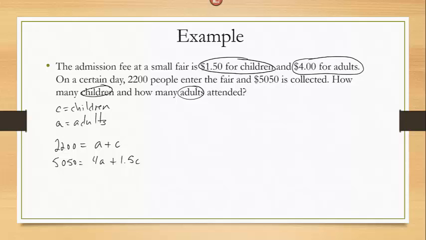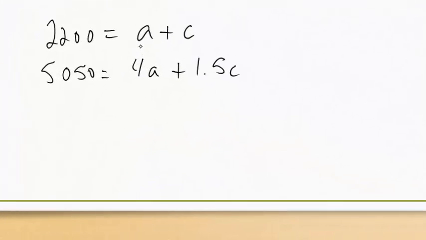So now it's set up to where we can solve by elimination. We either want to get rid of the A's or the C's. Since the C's have a decimal, let's focus on canceling out the A's. The bigger A is 4, so we need this A to equal -4, so when we add them, they'll cancel. So we need to multiply the top equation by -4.